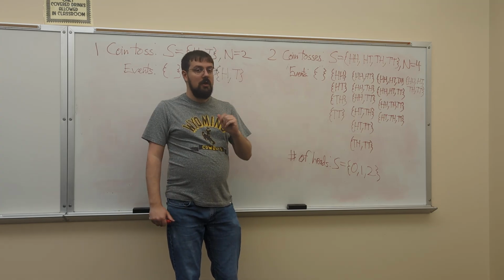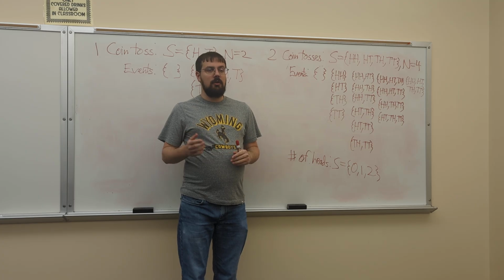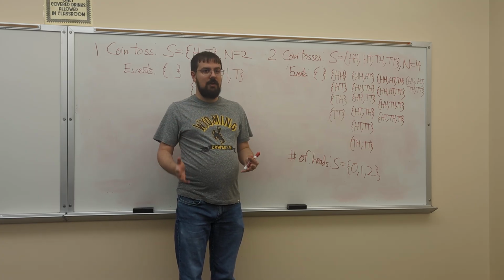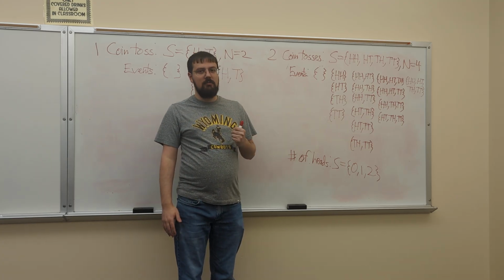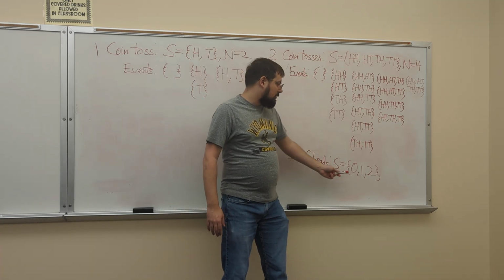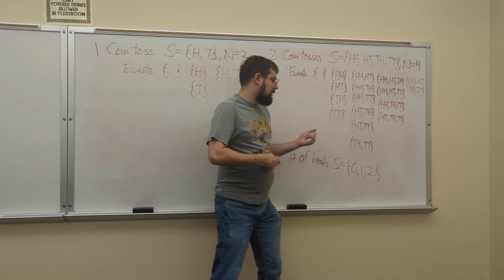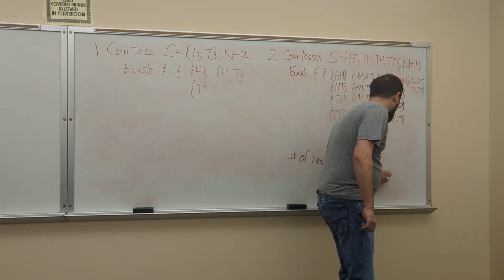Now, one other point to make about this is if we just said that we are looking at the number of heads rather than the overall outcome of both coin tosses, we have 3 possibilities, 0, 1, and 2 for the number of heads. So we would say in this case n equals 3.